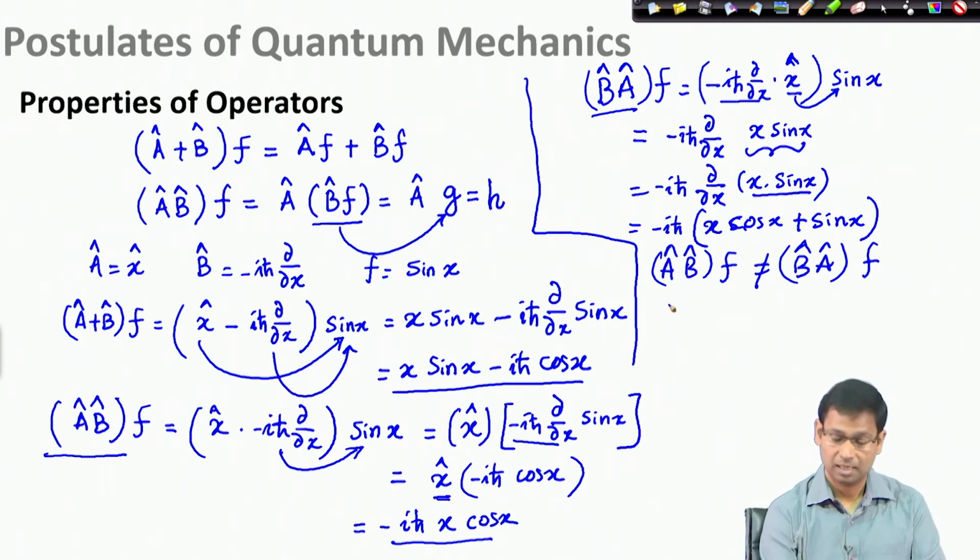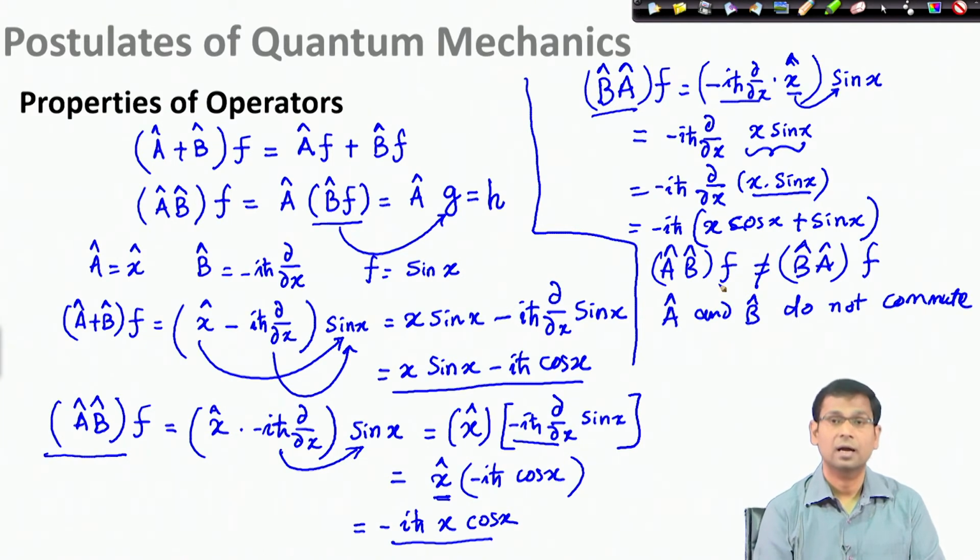This means, in other words, I say operator A and operator B, they do not commute. If the action of operator A B on f would have been equal to the action of operator B A on f, then I would have said that the operators A and B commute.